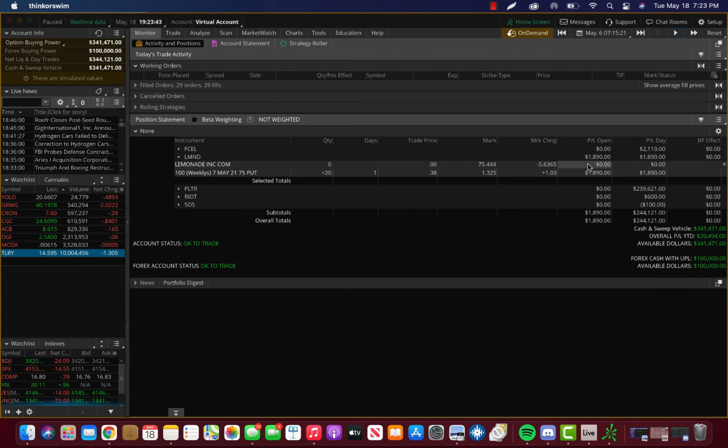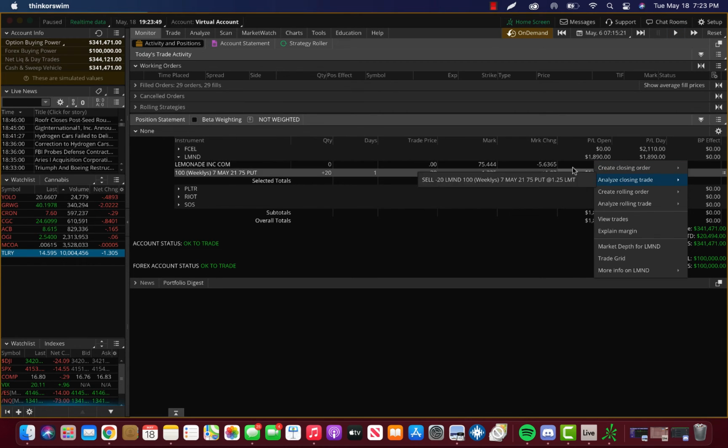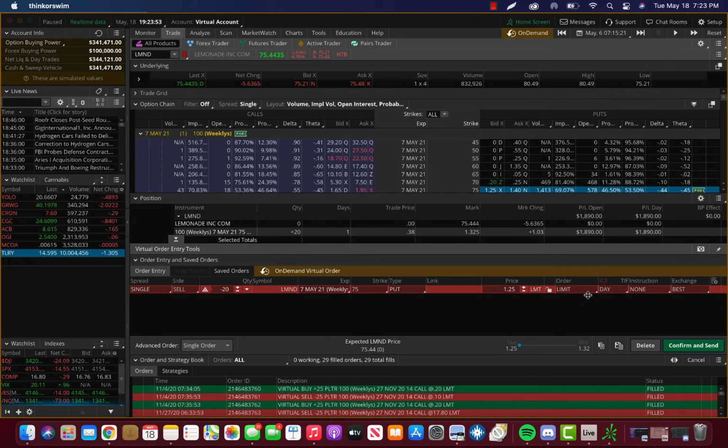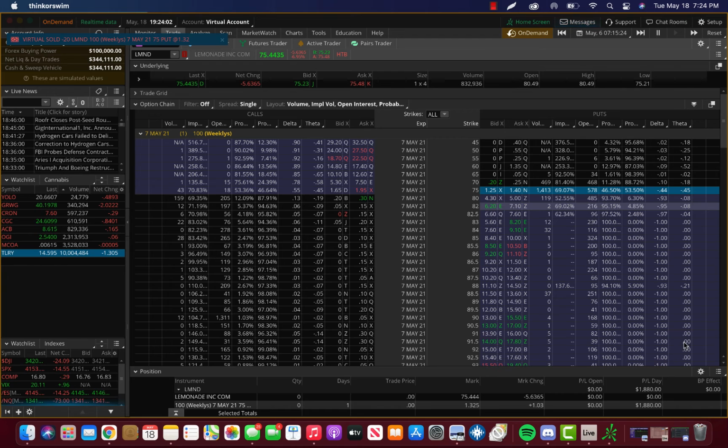Went here, so that $800 now is worth $18.90. So what I want to do, I want to go ahead and sell what I just bought, and usually I just go at market because I just want to get out. And that's it.